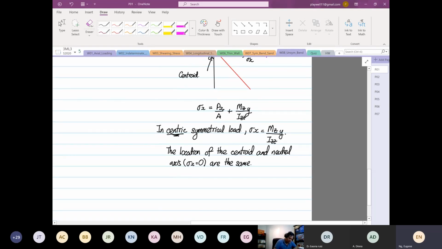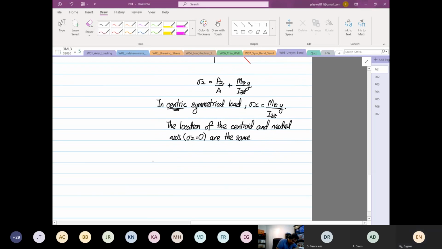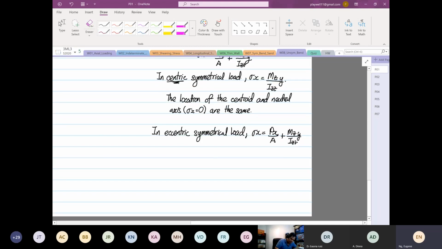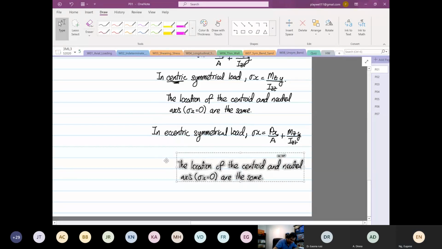So in eccentric symmetrical load, where stress X now is equal to PX over A plus MZ over IZZ multiplied by Y, I'll just copy this and paste.